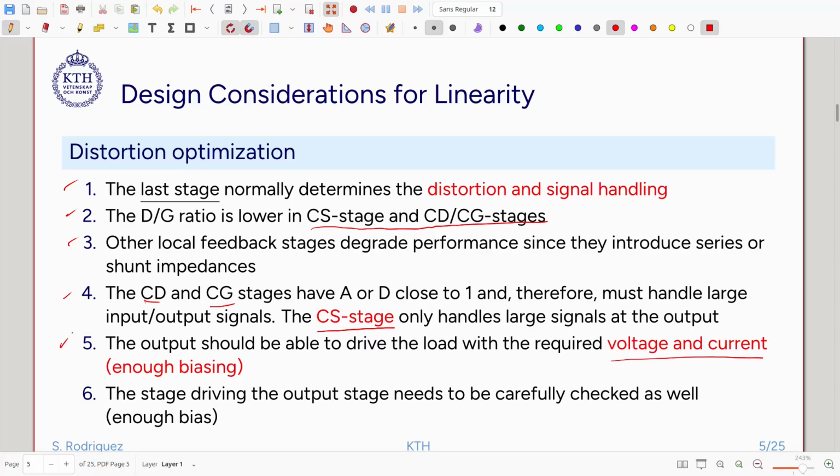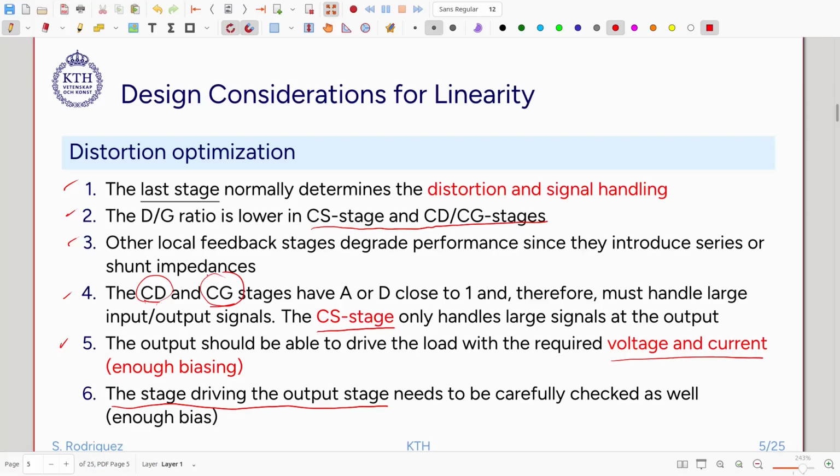Now, there is another detail that is also important: the stage driving the output stage might also introduce nonlinearity, and that is particularly true if we use common drain and common gate stages. As I mentioned before, the output voltage or current is approximately the same at the input.